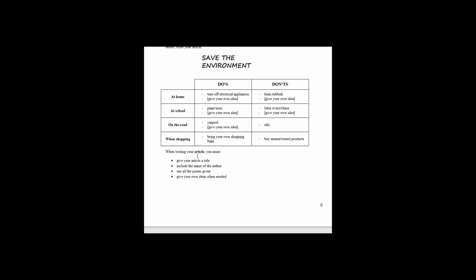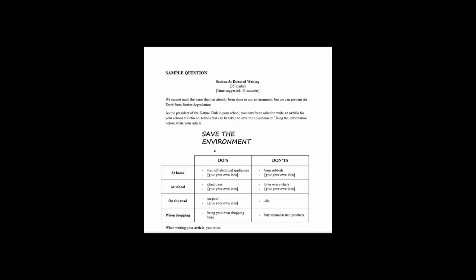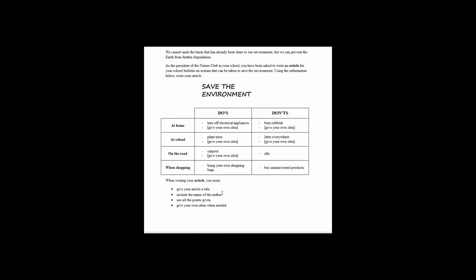When you write your article, you must give your article a title. Refer back to this one. You must give a title here, which is Save the Environment. Include the name of the author: written by your name. Because here it says president of the nature club, you must make sure you put your post there, president of the nature club, and then use all the points given.